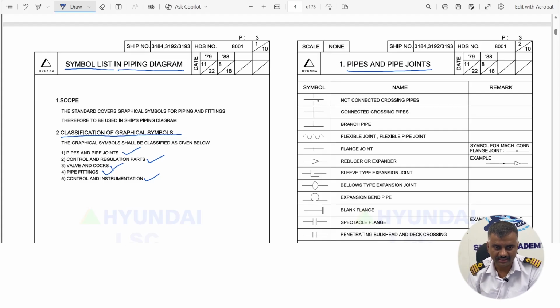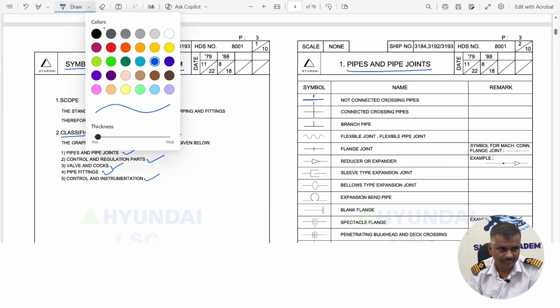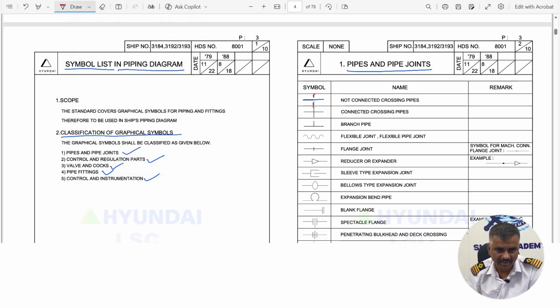Okay, so let us go to the first symbol. This is the symbol of pipelines. So you can see there is a single pipeline passing and it is not being connected. You can see the other pipe is not touching the pipe which is crossing. So pipes are crossing but they are not connected.